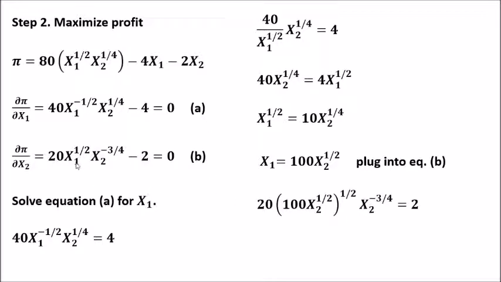So where I have input 1, I am plugging in this result right here, and then simplifying that. So the square root of 100 is 10, so 10 times 20 is 200. And then input 2 raised to the 1/2 power multiplied here. I'm just going to multiply these exponents, 1/2 and 1/2, we get 1/4, and leaving everything else unchanged for a moment.